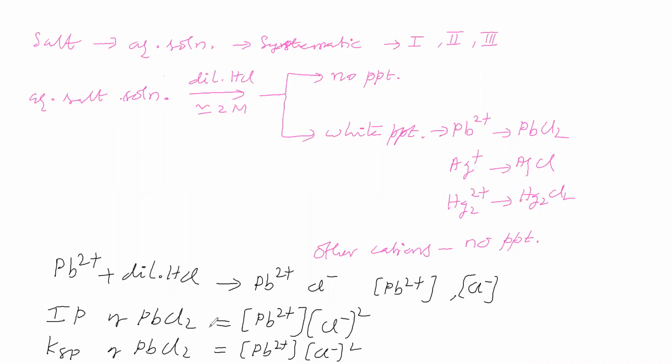Solubility product means the concentrations of Pb2+ and Cl- in a saturated solution of PbCl2. Ionic product means the concentration of Pb2+ from a saturated, unsaturated or supersaturated solution of PbCl2.